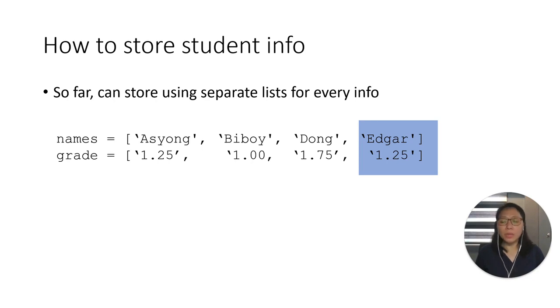So since we are working with two lists, we have to be consistent with the indexing, because we don't want their grades to be mixed up.